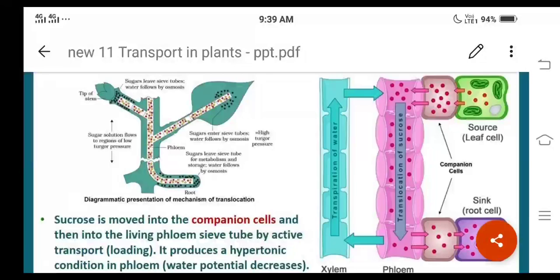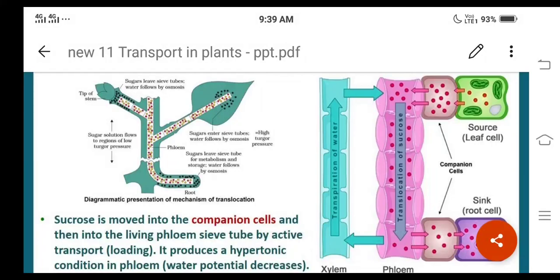In the beginning the sucrose will move into the companion cells and then into the living phloem sieve tube cells by the active transport method.